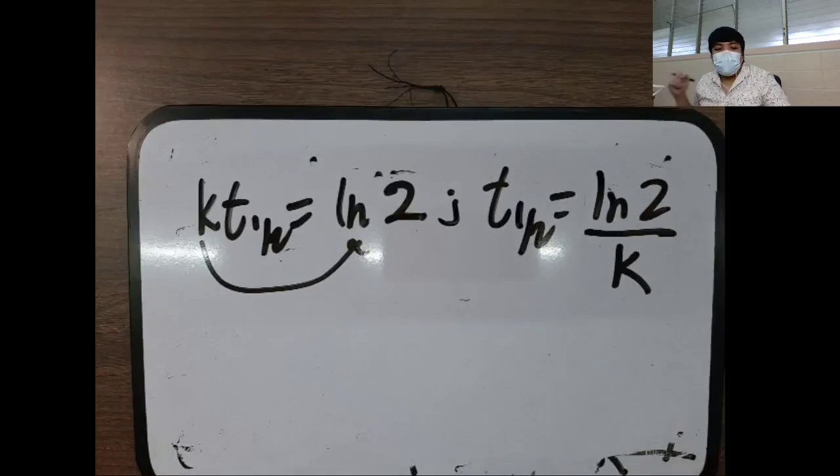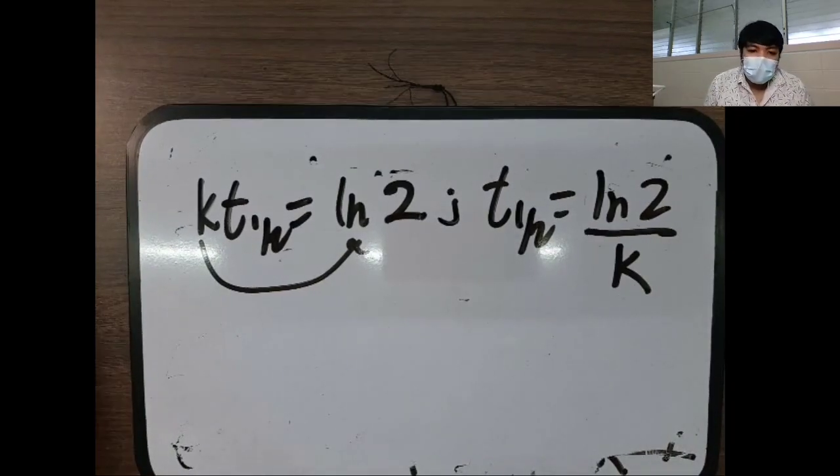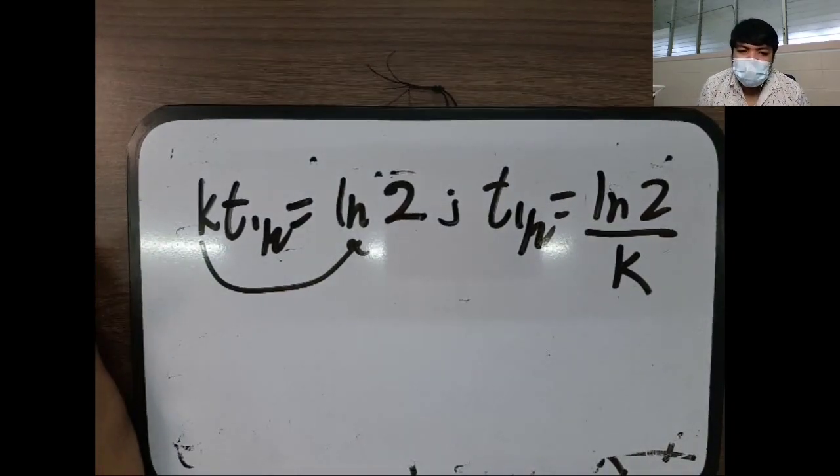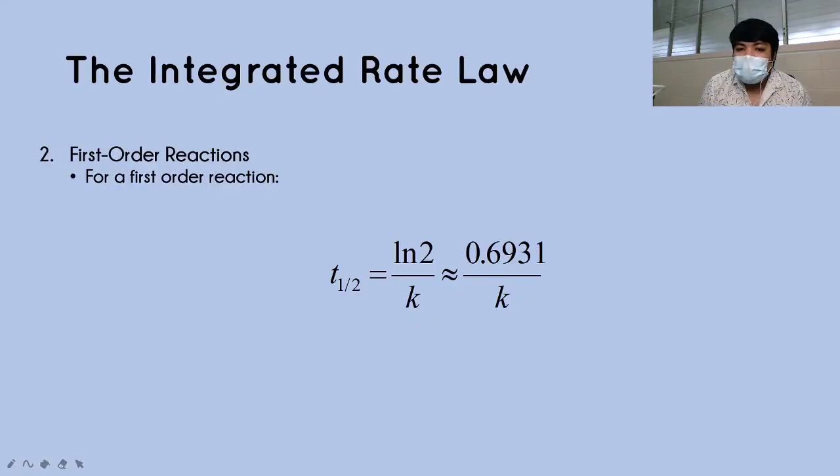Okay. Now, in other textbooks, particularly in general chemistry textbooks, they show this as 0.693 divided by the rate constant, because the natural logarithm of 2 is equal to 0.693.